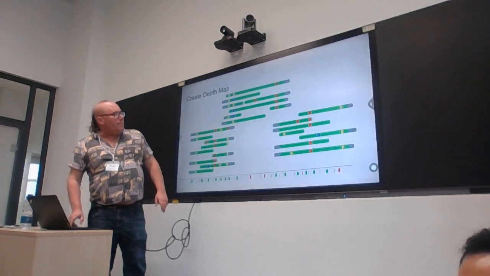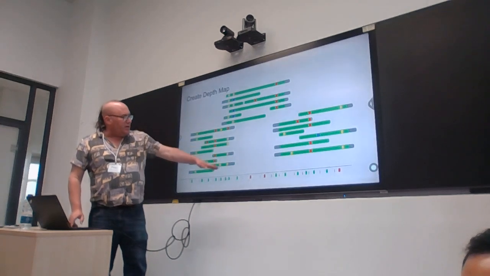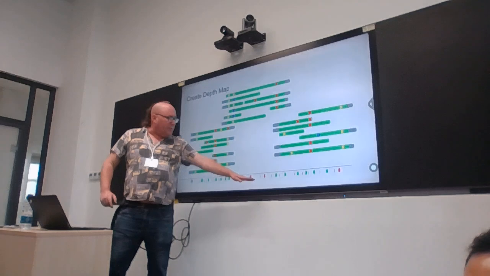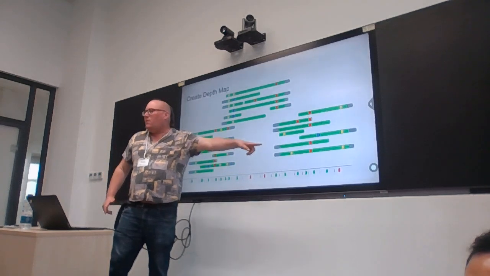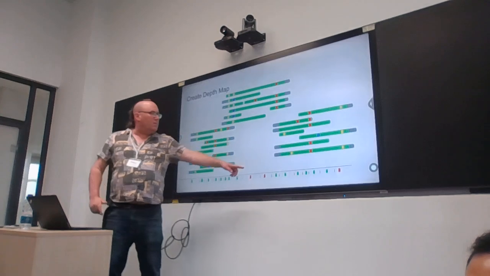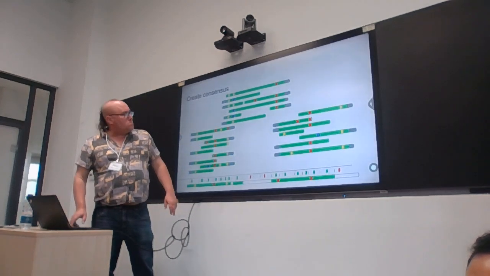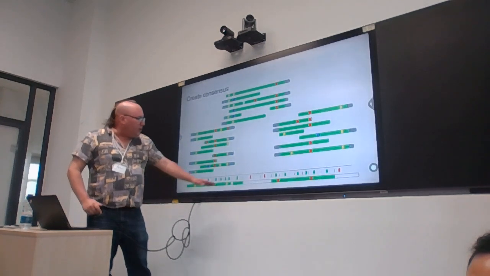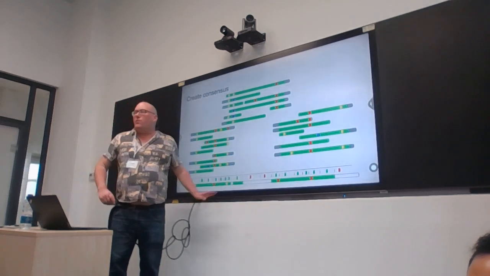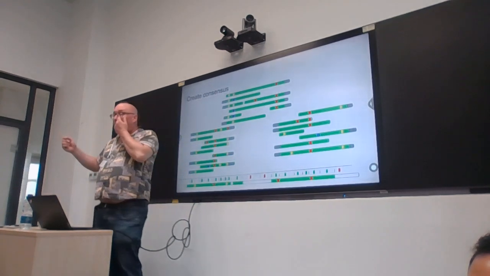So here's the depth map. And we see here where they were using 5 as a cutoff. And we see that where the depth map is below the 5, it's colored in red. And so then we say that we've only got as much genome as where we've got at least depth of 10.